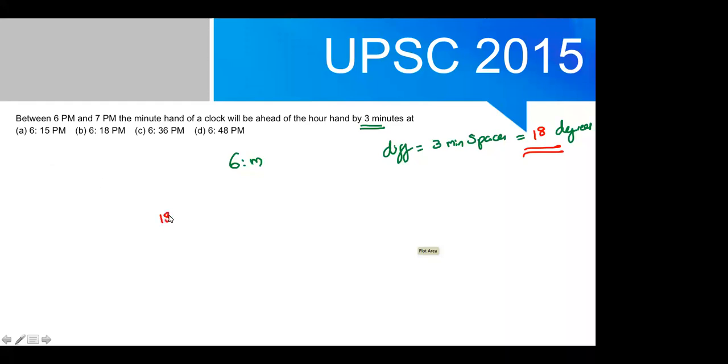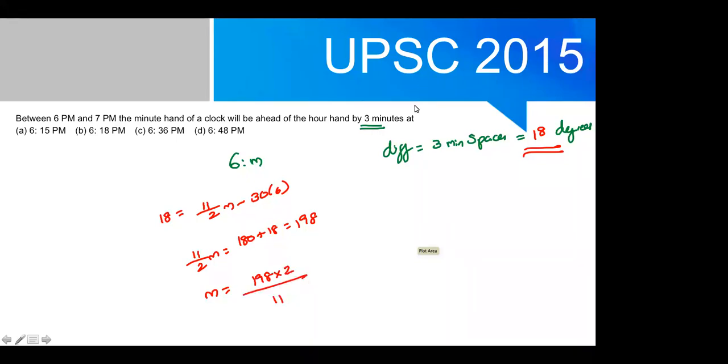So 18 degrees. Six times 6 is 36. 60 minute spaces is equivalent to 360 degrees. Keep that in mind. Or just by visualizing the clock, we can say the answer. That's also one way.